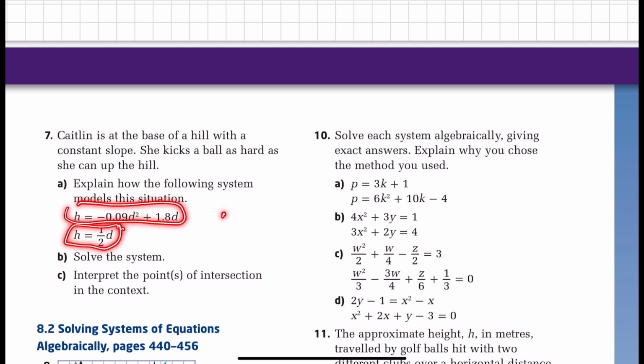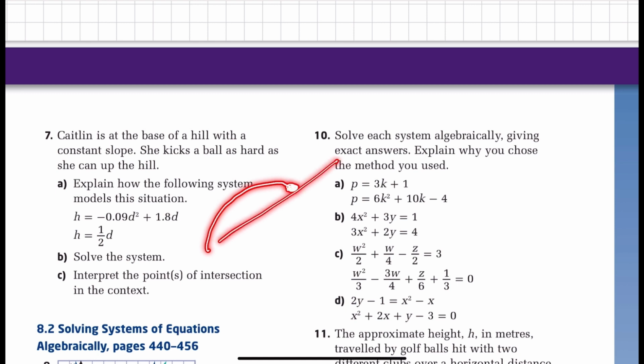The intersection is where the ball will land on the hill. When the ball touches the hill like this, it shows you where the ball lands.